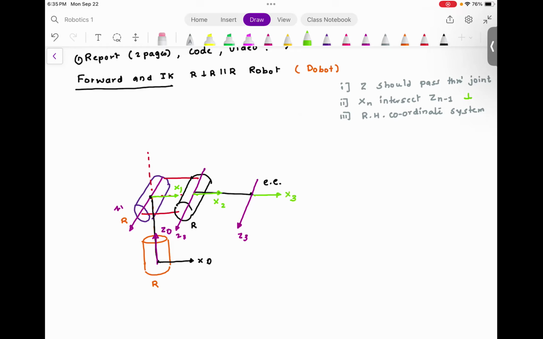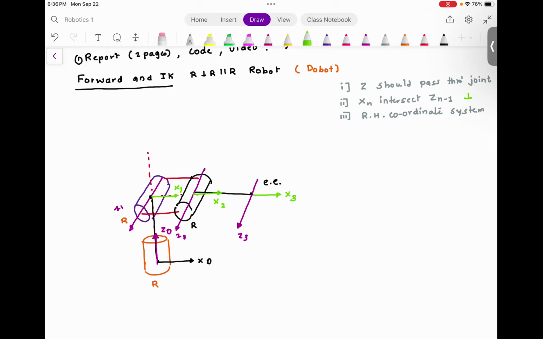So now in the triad, the X's and Z's are decided. Right hand coordinate system: this is your X, Y is the first finger, Z is the middle finger, X is the thumb. So you have X and you have Z.